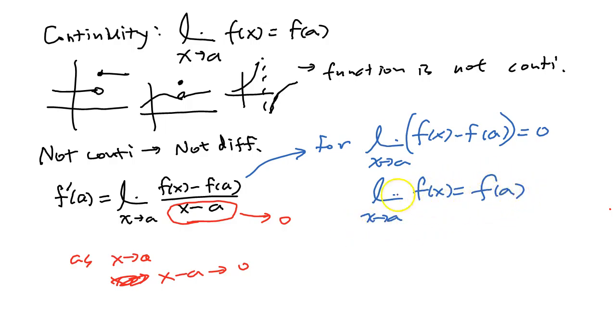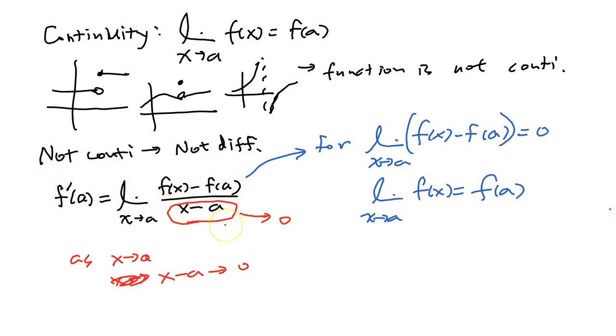Well, what is this? This is exactly the definition of continuity, right? So we see that for a function to be differentiable, it has to be continuous, and if it's not continuous, then the function will not be differentiable.